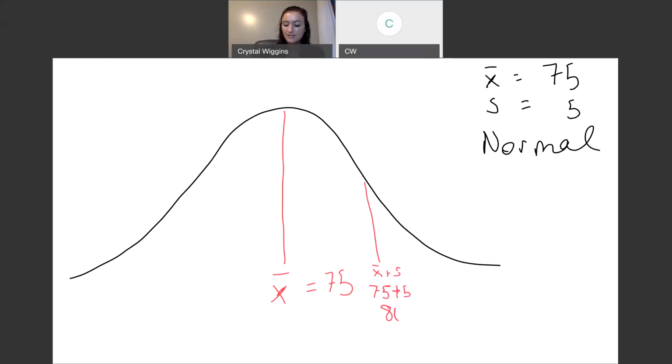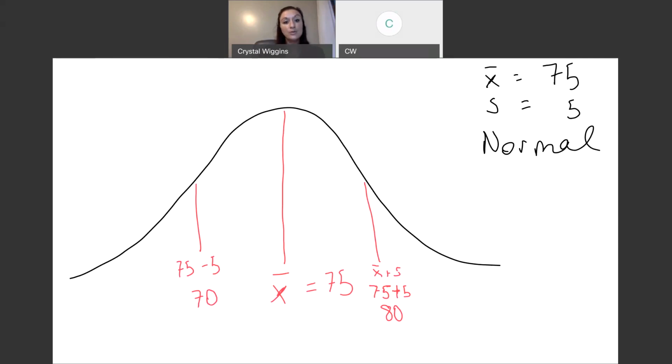My first standard deviation comes out to 80 on the right side. I'm going to do the same thing on the left side: I take 75 and subtract a standard deviation because I'm going to the left side of the number line. I get a 70.